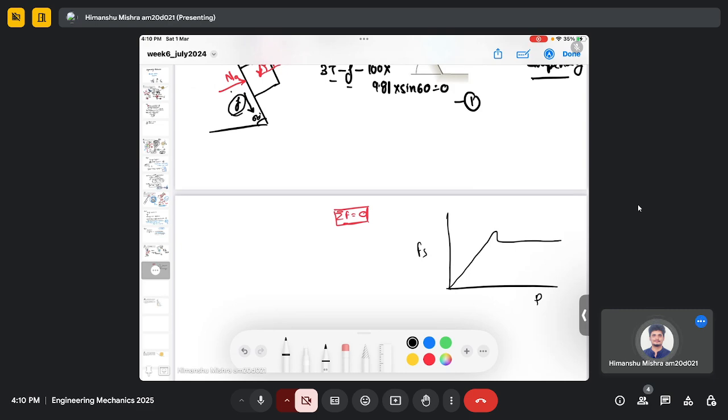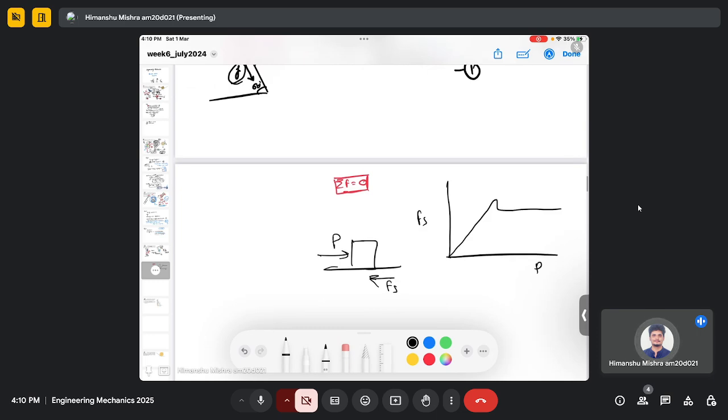So what happens is that you have a block, you have an external force P, and there will be a friction force Fs. You apply some force P, and when your force P is much less than the friction force, your body will not move; you are somewhere here.